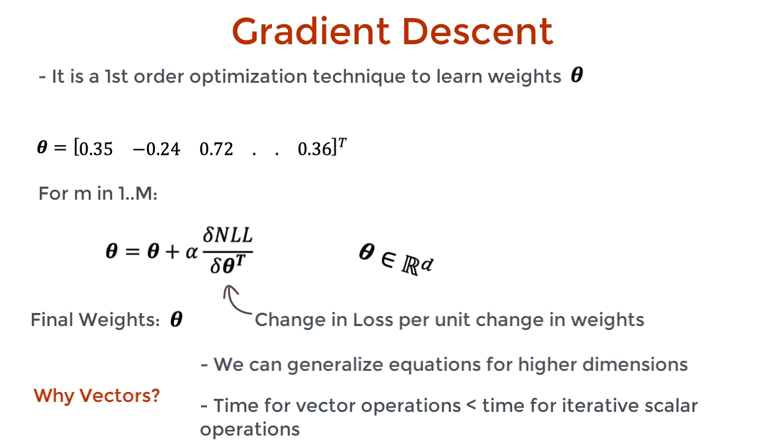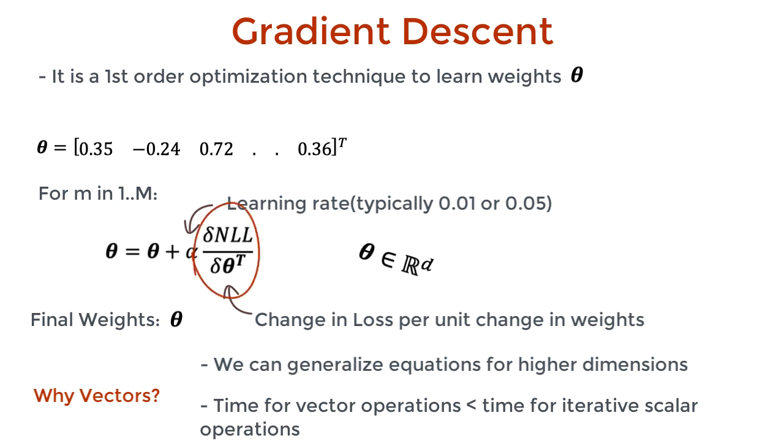This is then multiplied by some factor alpha. Thus, alpha, the learning rate, indicates how fast we should learn. For every iteration, we update the weight parameters, taking a step depending on the learning rate alpha. And after some m iterations, we hope to find a theta converge to its optimal value. That is the value that minimizes the loss.